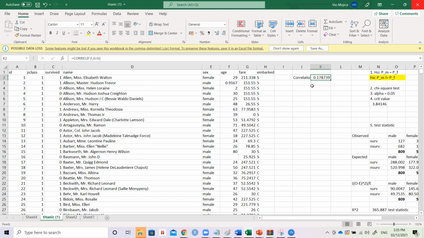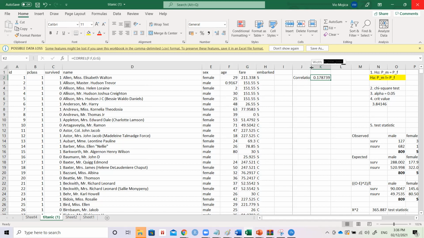Same with what Gian has said, this is quite weak. 0.178 na correlation. It's very near 0. So we have a very weak correlation, almost none, between age and fare. And you won't get exactly 0 naman for this. You won't get exactly 0 for Pearson's R, the correlation coefficient.